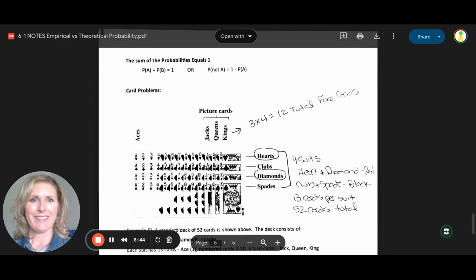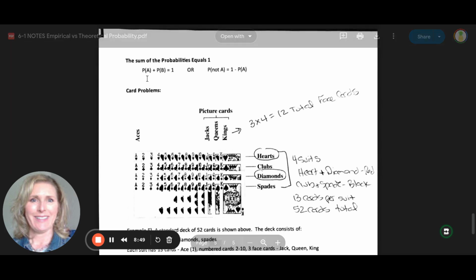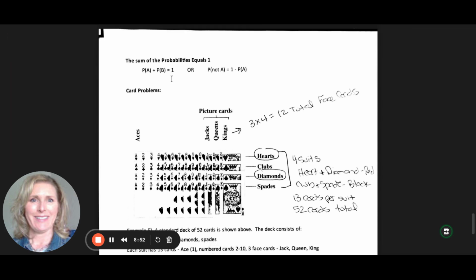All right, so the sum of probabilities equals 1. So the probability of event A plus the probability of event B equals 1. Like the coins that we were talking about earlier, the probability of rolling heads plus the probability of rolling tails, you have 1/2 plus 1/2 equals 1. Sometimes you want to find the probability that something does not happen.